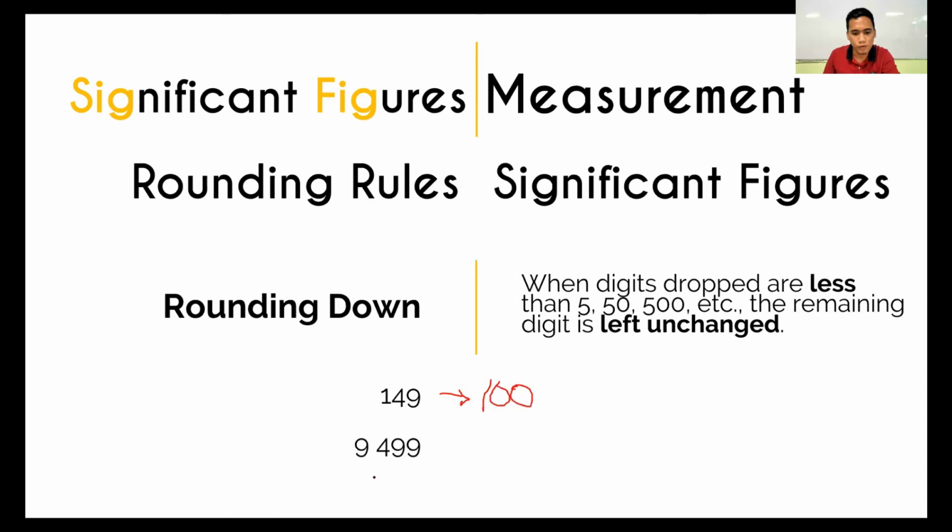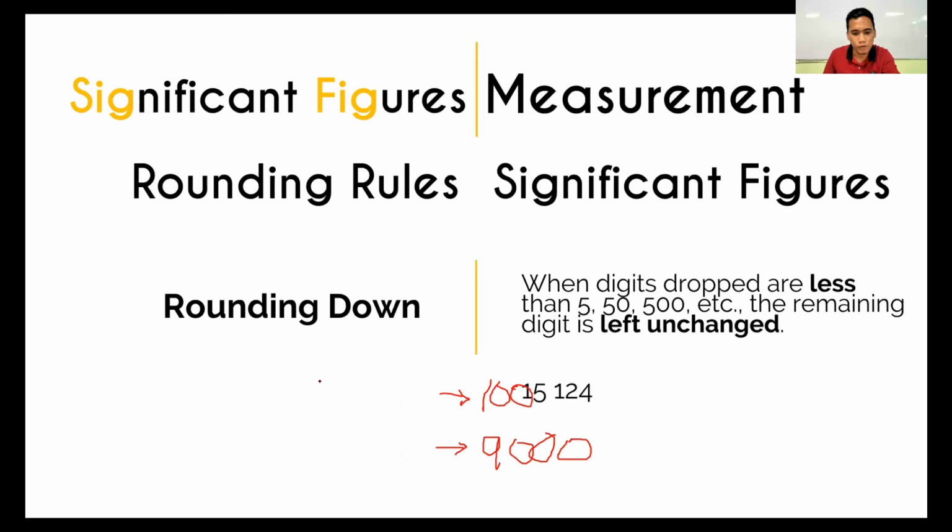For 9,499 rounded to its nearest thousands, since the digit is 4, it is equal to 9,000. I know you are familiar with this rule.